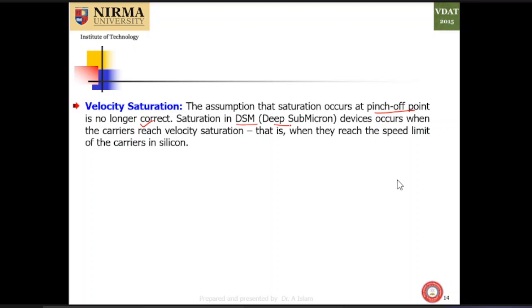Understood? What is velocity saturation? Pinch off should occur at VDS greater than or equal to VGS minus VT, but before that it may happen. The current of the MOSFET can saturate even before that due to velocity saturation of the carrier.